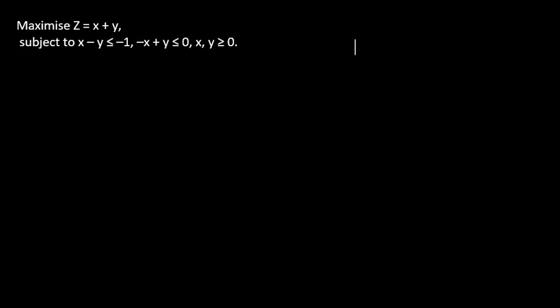Now when my feasible region is unbounded, that is, not closed, then a minimum or maximum value is possible only when the region of the inequality formed by the objective function with that maximum or minimum value does not have any common point with the feasible region. Otherwise a maximum or minimum value is not possible.